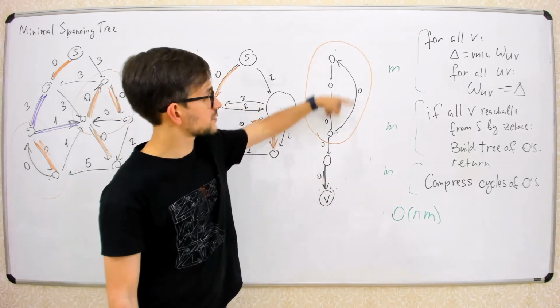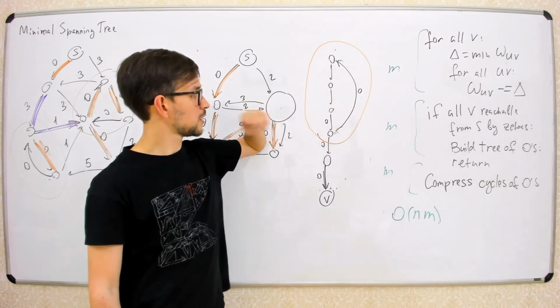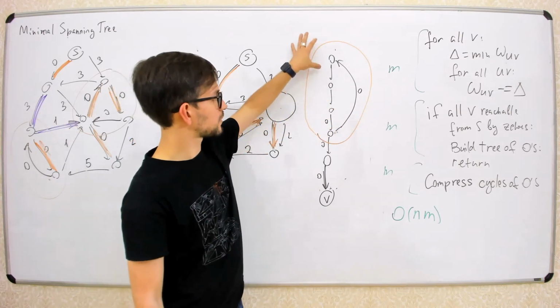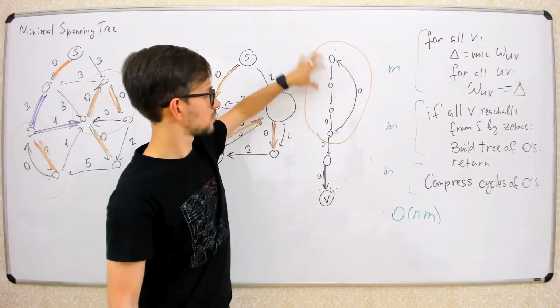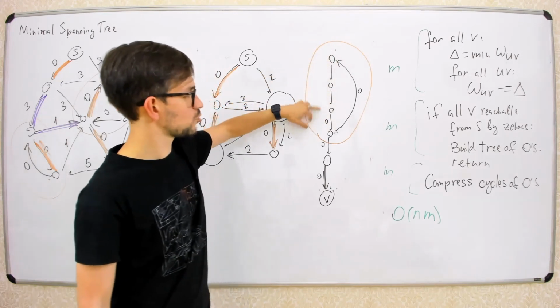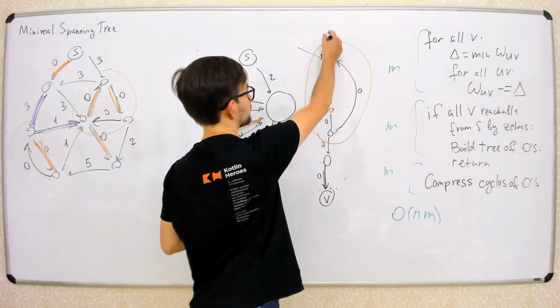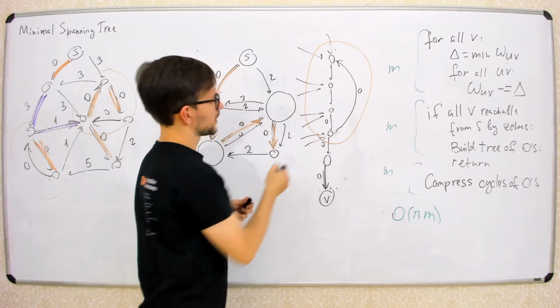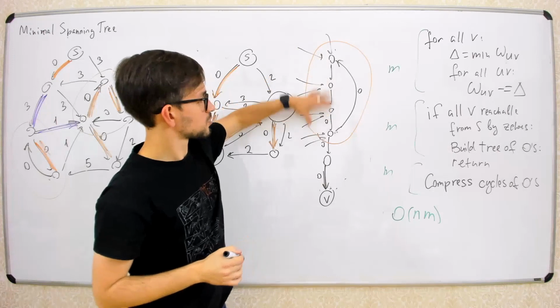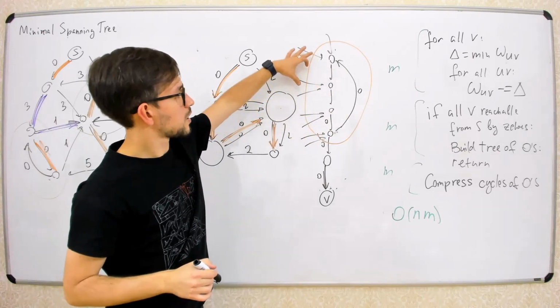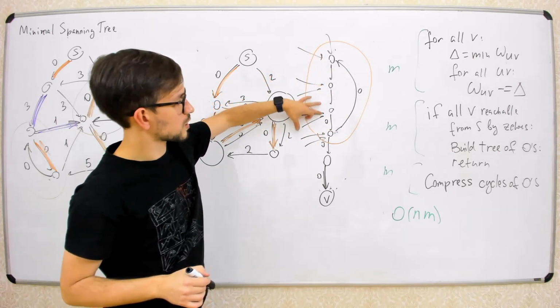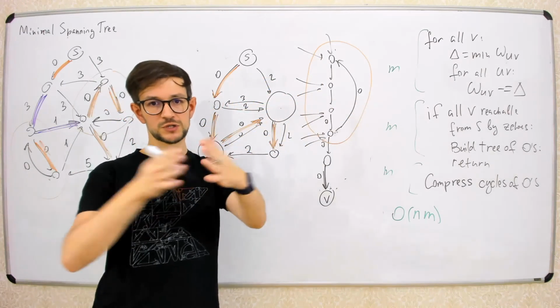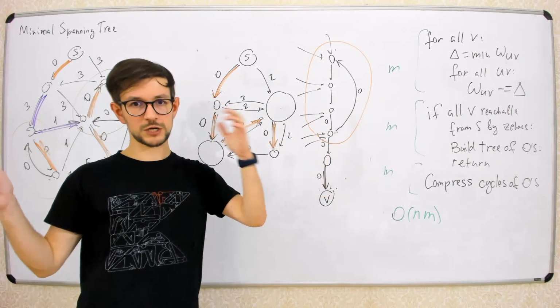And when you compress this cycle into a single node, you kind of need to take all these lists. So for each of these nodes, you have some ingoing edges. When you compress these nodes into a cycle, you want to concatenate all these lists into a single list of ingoing edges.